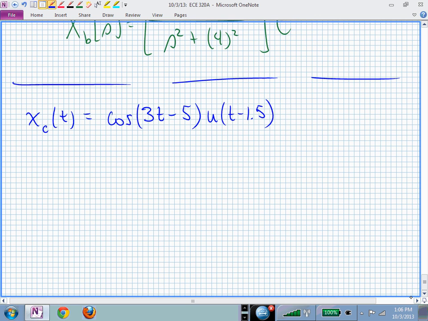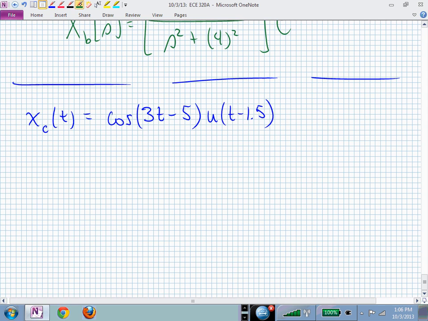So now if we go back, what we want to do is look at the argument of the cosine and see if we can create a piece that looks like t minus 1.5. The cosine's argument is 3t minus 5.